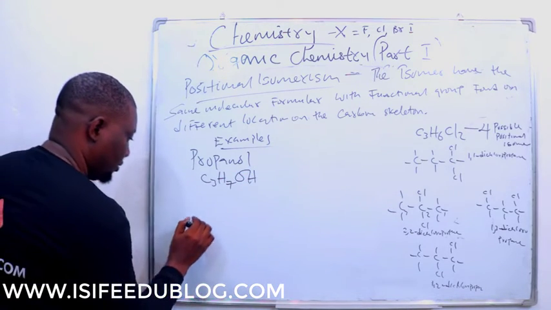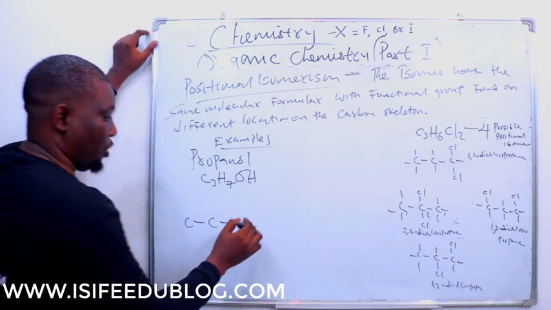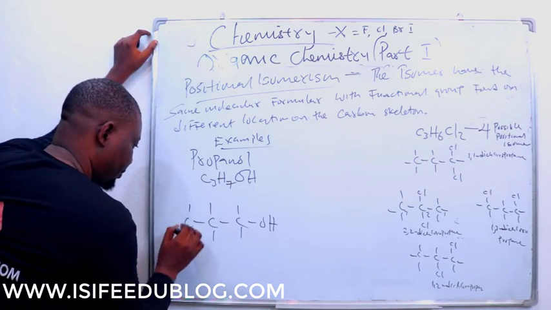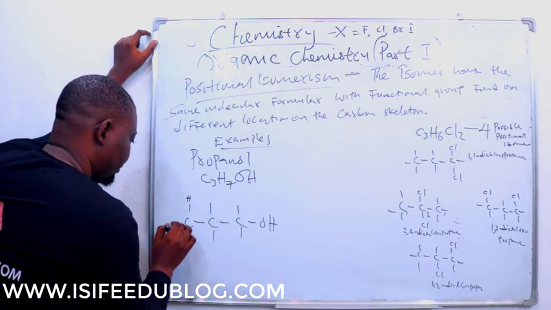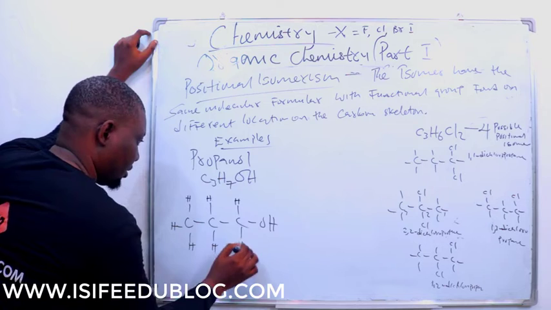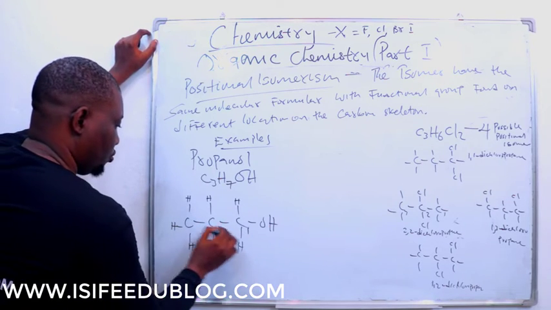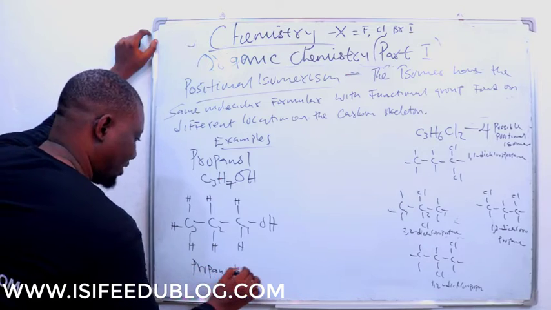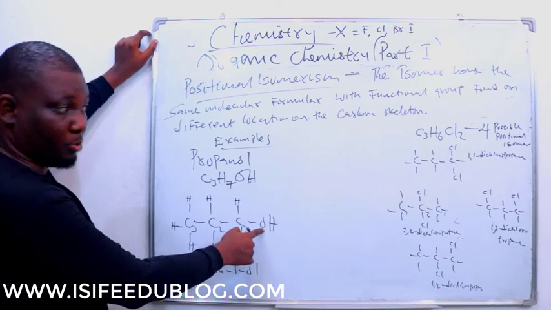Let's go. 1, 2, 3. The functional group is OH. Let me keep OH here. This is 1, 2, 3. The first one is propan-1-ol, as the position of the OH must be mentioned.